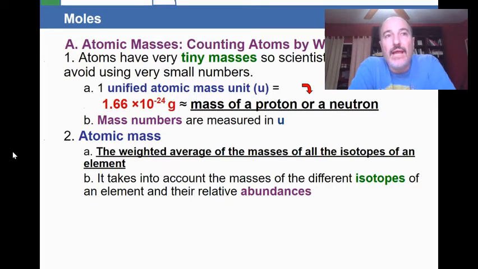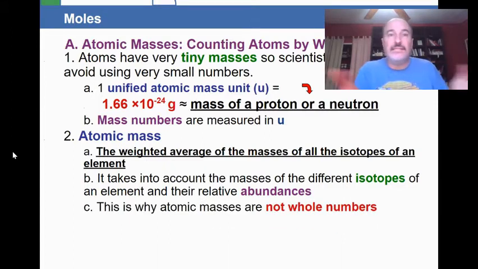The reason why is because it takes into account the masses of the different isotopes in an element and the relative abundances, how common they are. And this is why atomic masses are not whole numbers. Now, you could, for ease's sake, maybe round them off to a whole number, but that's not what we do in here.